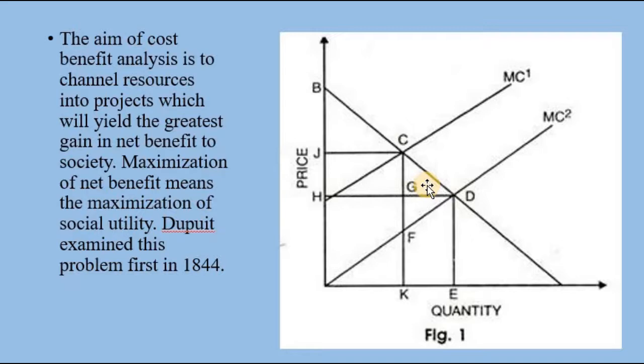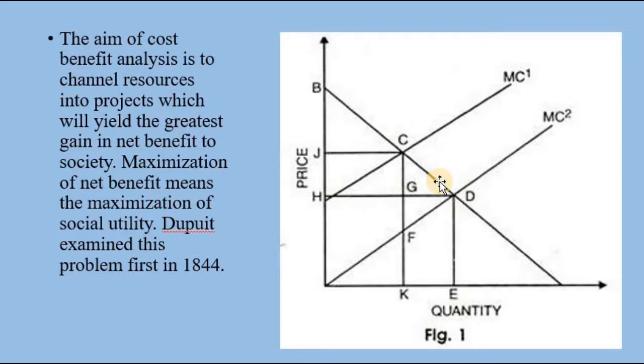In simple terms, the lower price increases gross benefit by the area of KEDC. So KEDC will be the gross benefit because the marginal cost is reduced, so there are lower prices.